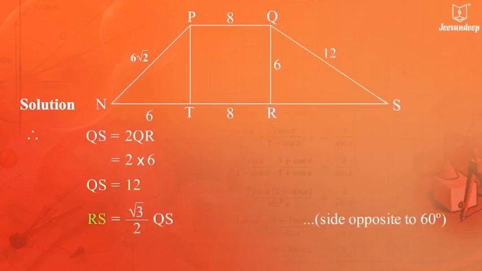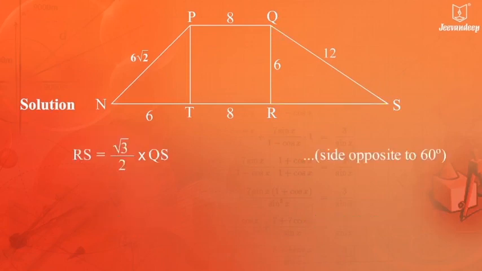RS equals root 3 upon 2 QS, being the side opposite to 60 degrees. Putting the value of QS, we get root 3 upon 2 multiplied by 12. Therefore, RS equals 6 root 3.